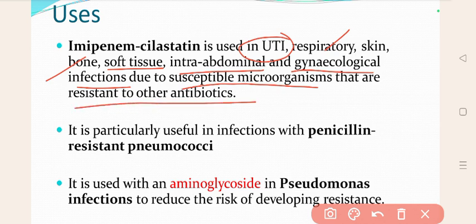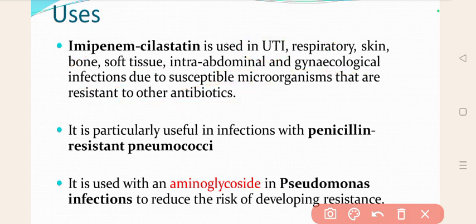If they are resistant to the other antibiotics, you can treat with the imipenem-cilastatin combination. It is particularly useful in infection with penicillin resistant pneumococci.